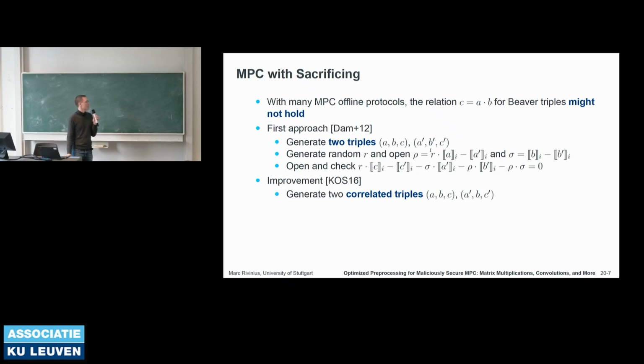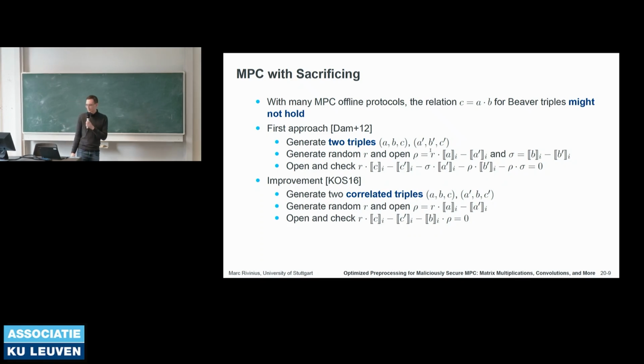Then later the MASCOT protocol, here the second triple is partially correlated to the first one, so the second component is the same. Then you can open less, and also generating the partially correlated triple is a bit cheaper.